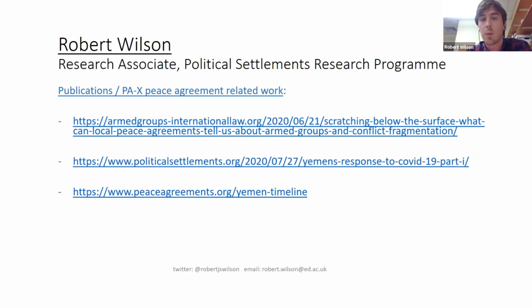To start with, I was going to touch on some broader, recurring issues that we tend to see in coding. For example, in PA-X Local coding, grievance lists tend to be a key area of focus, and we define grievances as essentially lists of issues or grievances held by the parties in the local conflict that the agreement addresses.